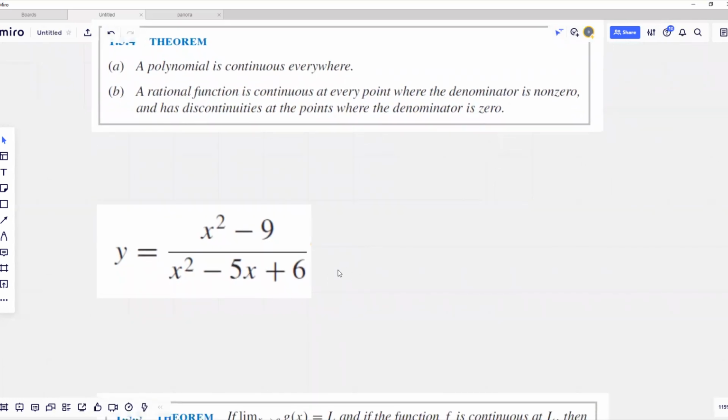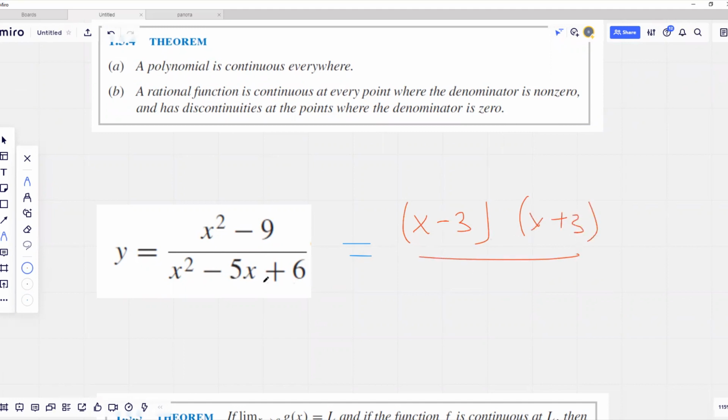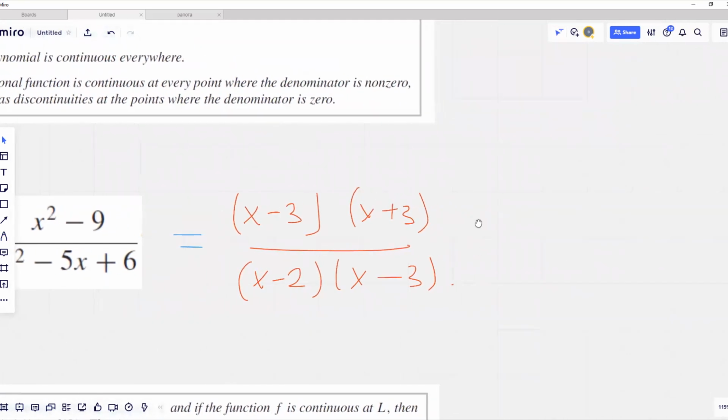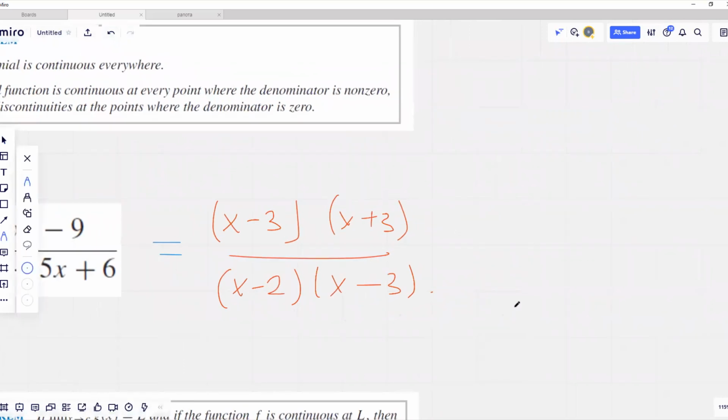Let's take a look at the following rational function. So this is x minus 3, x plus 3, divided by... one root is 2, second root is 3. All right, this function is continuous everywhere with the exception of 2 points, x is equal to 2 and x is equal to 3.